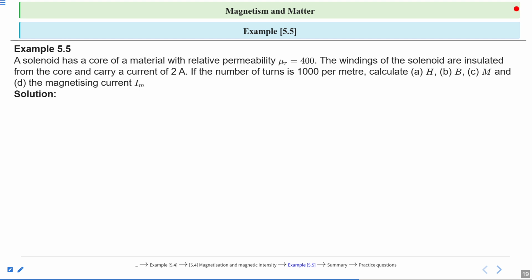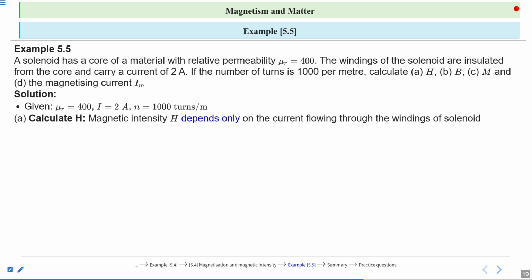Now let's do the solution. Given mu r is equal to 400, I is equal to 2 ampere, and the number of turns per unit length is 1000 turns per meter. Firstly we are going to calculate H. Magnetic intensity H depends only on the current flowing through the windings of the solenoid, so H only depends on external factors.